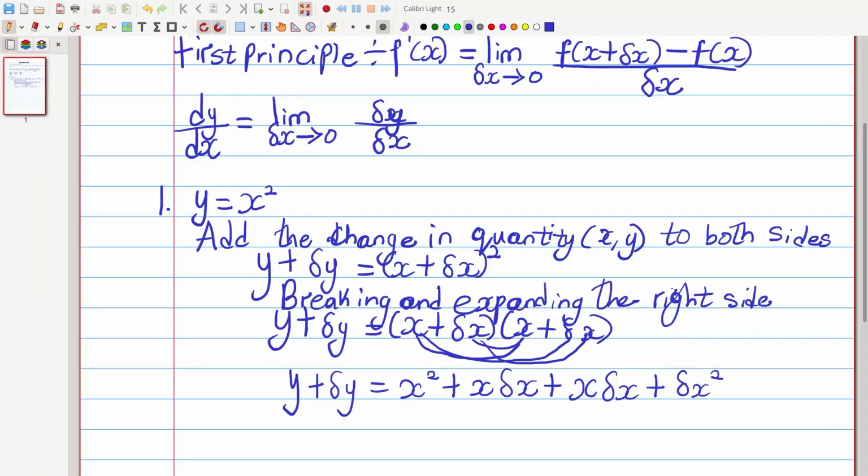Now, if you notice, these two are the same thing, so we add them together. That would be x squared plus 2x delta x plus delta x squared.